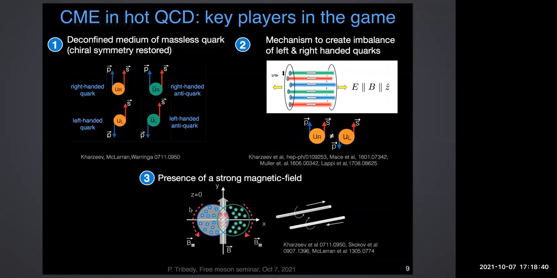And we know that ions are carrying protons moving very fast, and they are like 2 parallel wires carrying current in opposite directions. So you generate an enormous magnetic field, which is of the order of pion mass square.